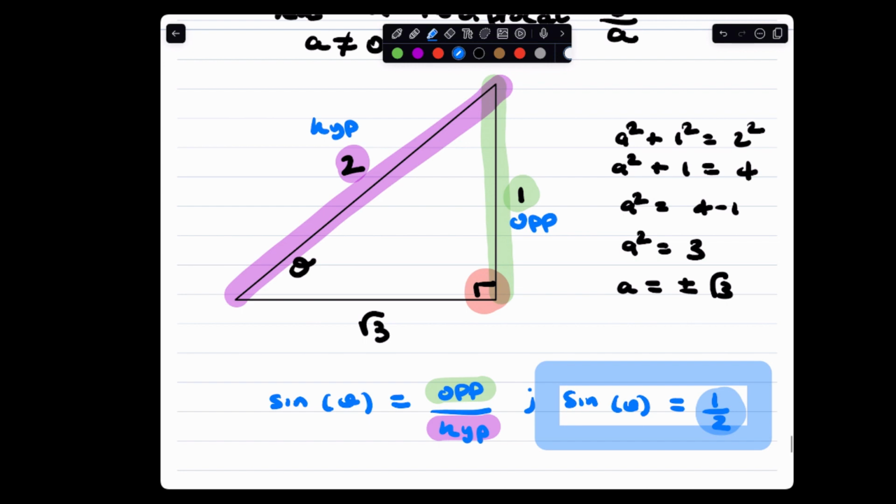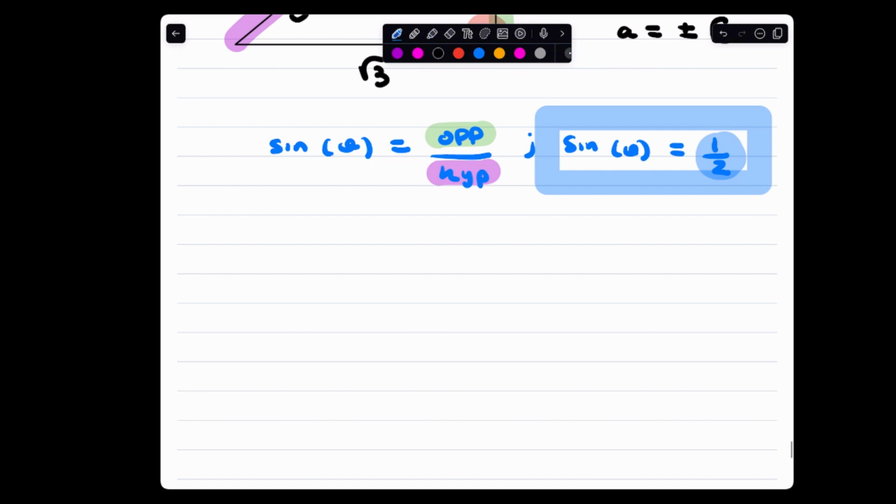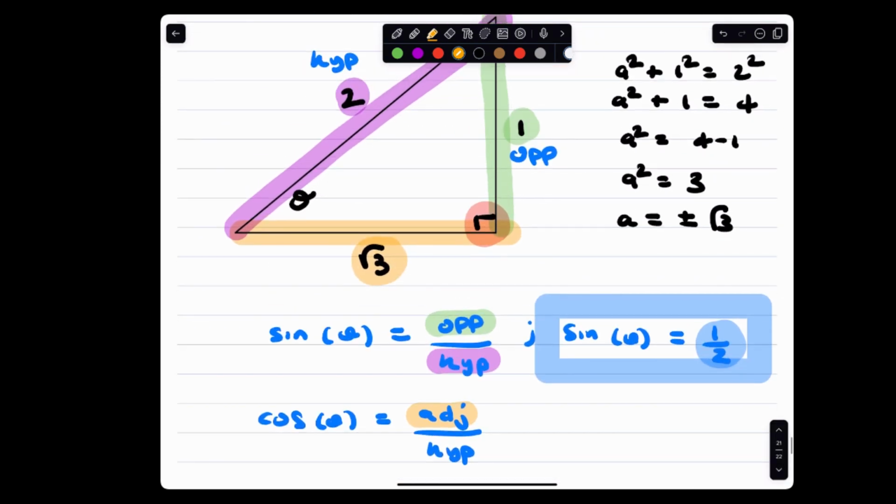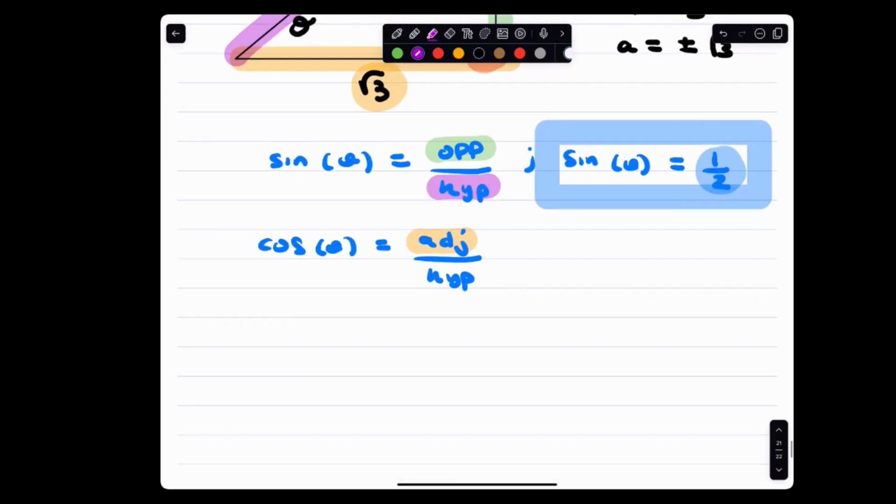No? Okay, so what's cosine going to be then? You say, okay, cosine theta is, by definition, the adjacent side over the what? Hypotenuse. Now, what does adjacent mean again? It means right next to. So you got this adjacent side down here, square root of 3 right next to, and then you have your hypotenuse being what? 2.